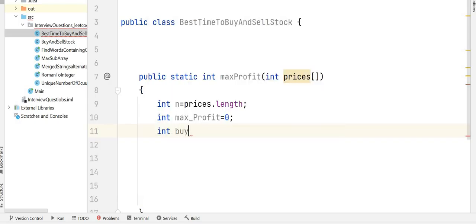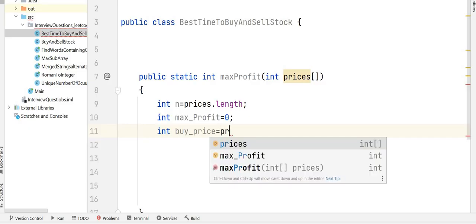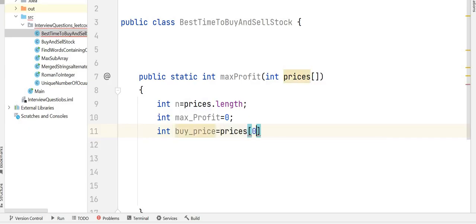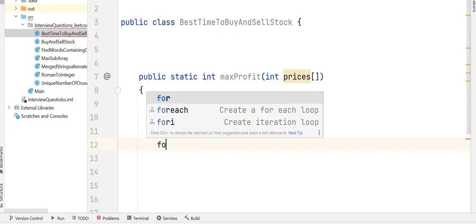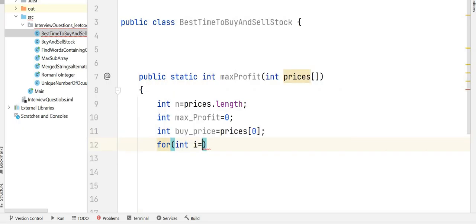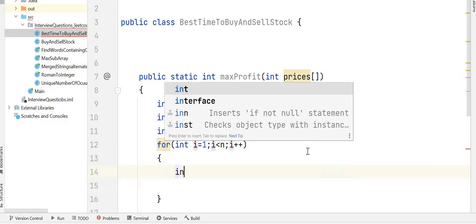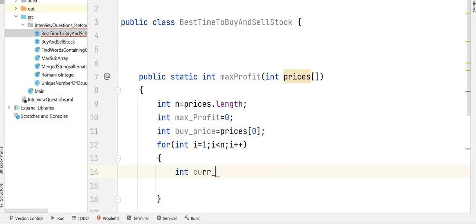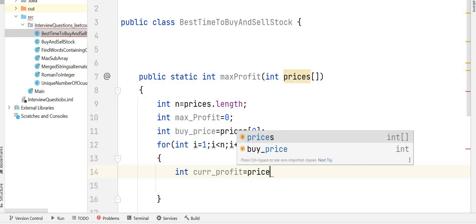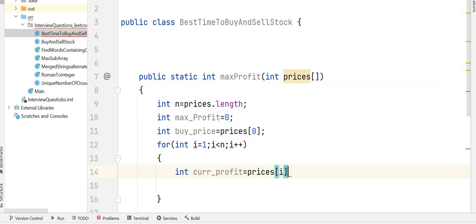Let's also say buy price would be your price at the 0 index, correct? The first price. And we are going to start the loop from i = 1 till the length of the array. And we are going to find our current profit, which would be your price at index i minus your buy price, right? This is how we find the current profit.